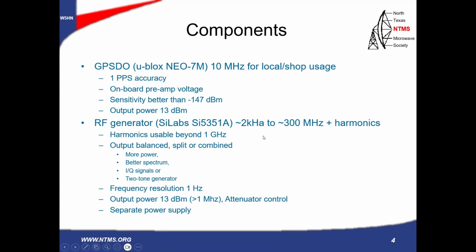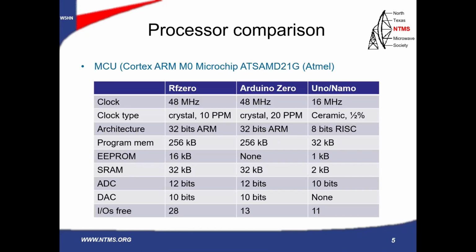The RF generator runs from 2 kilohertz up to 300 megahertz, plus the harmonics. Harmonics usable beyond 1 gig. The output is balanced, split, or combined. Frequency resolution is 1 hertz. Output power is 13 dBm above 1 megahertz. You have some attenuator control. It has a separate power supply.